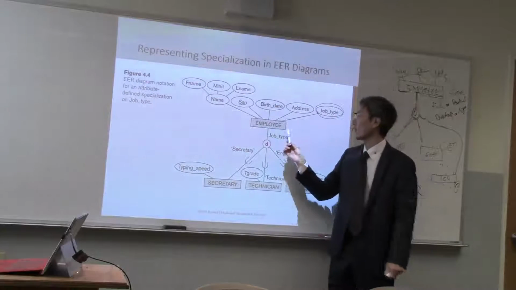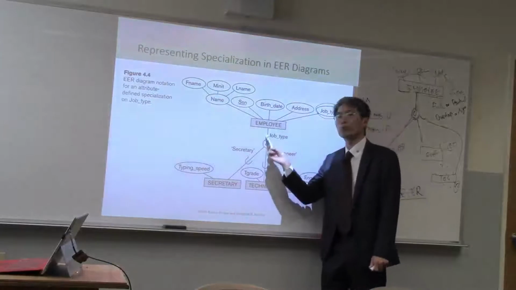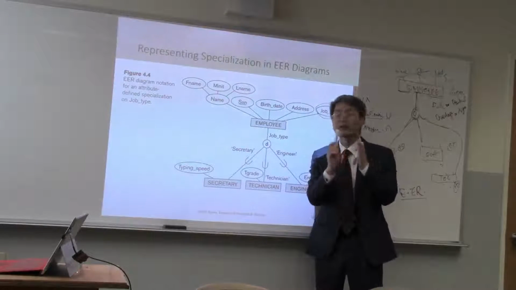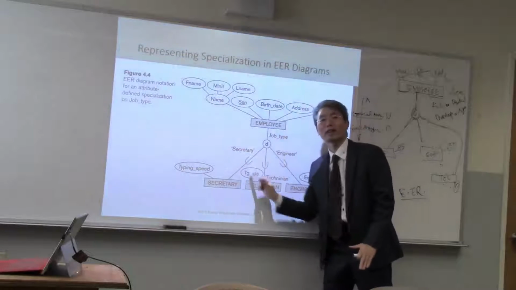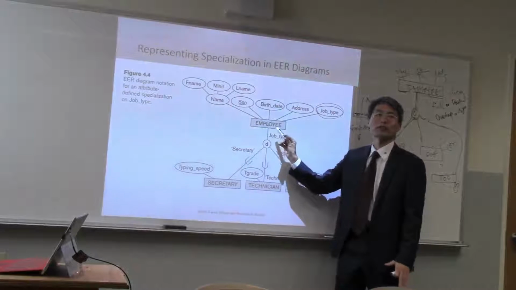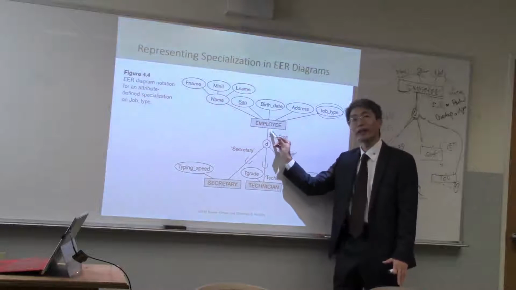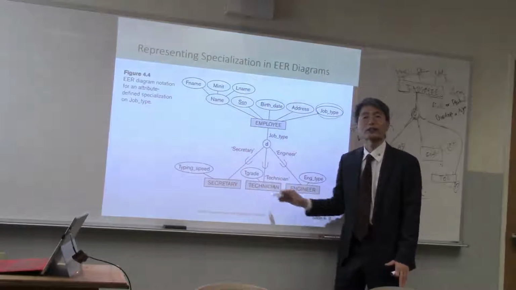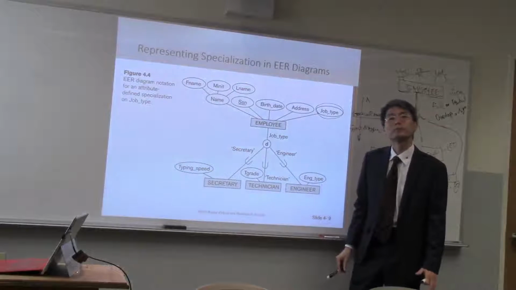Then to clarify, in addition to the attribute, you can put the job type, the attribute that is used for classification, next to the line. Okay. Then these are the examples when we add the classification as an attribute.